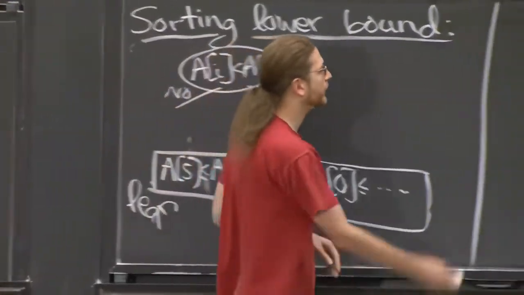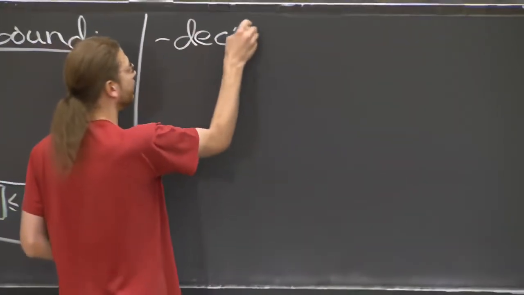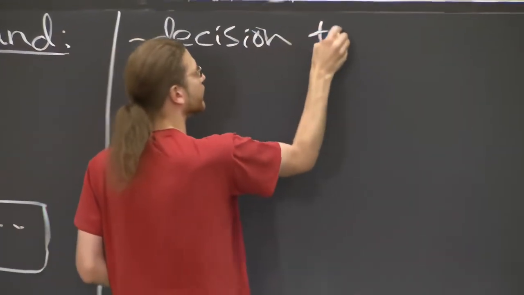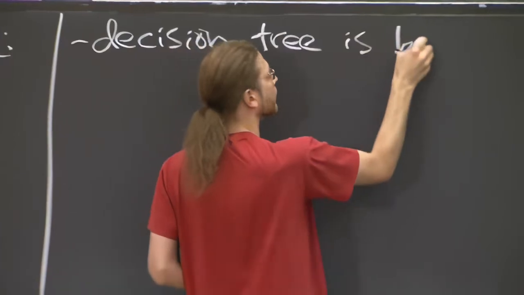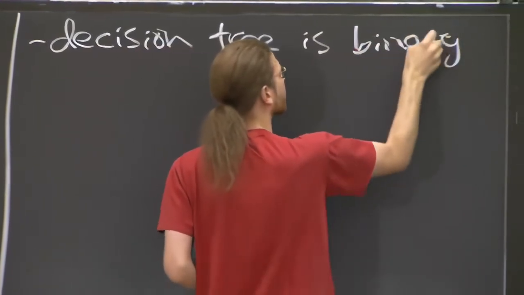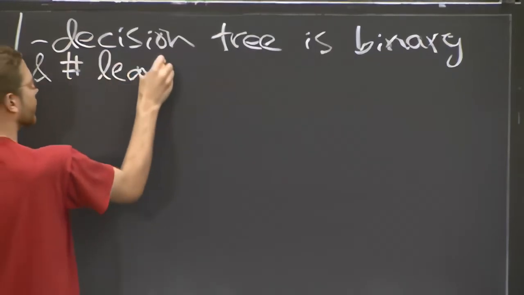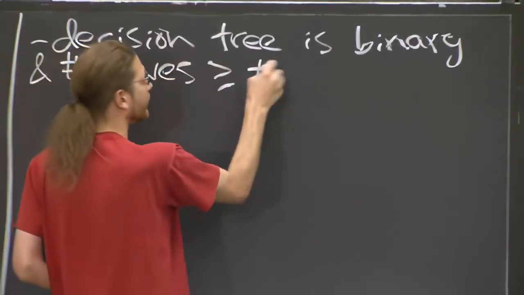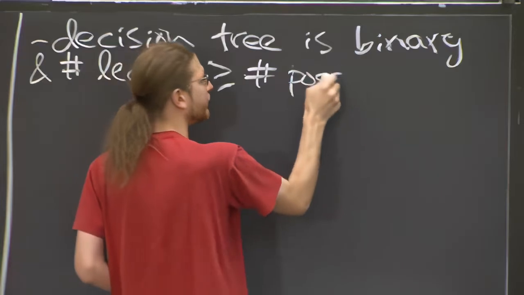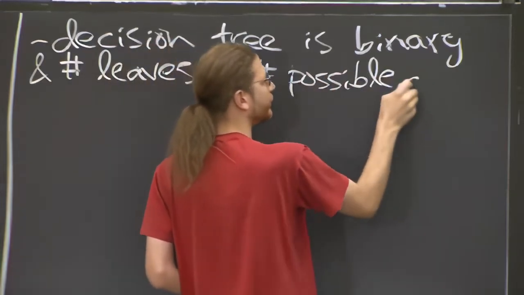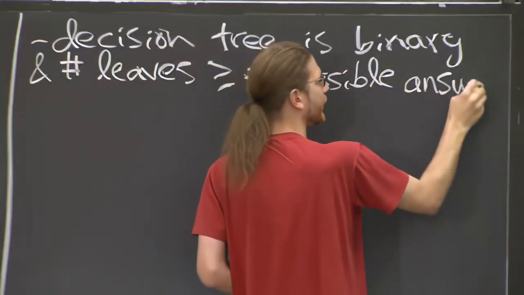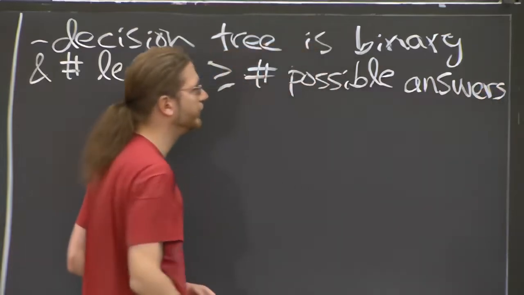OK, why? Because decision tree is binary. And the number of leaves has to be at least the number of possible answers. Could be more because each answer could appear in several leaves, and it probably will in a typical sorting algorithm.